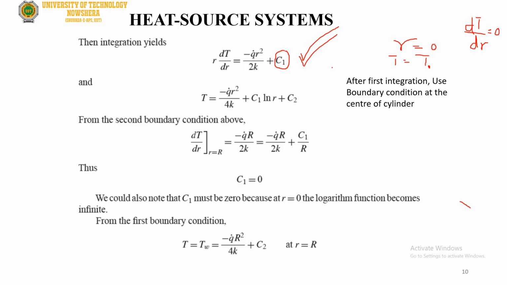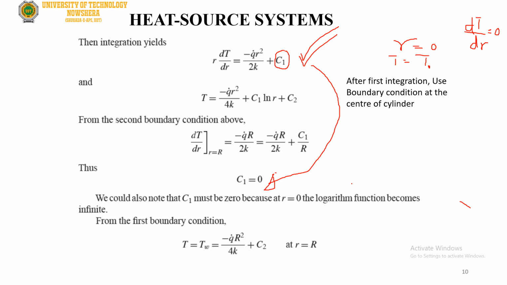So after using this boundary condition, we get C1 is equal to 0. Remember, we have integrated the differential equation one time, and then we have used the boundary condition at r is equal to 0, and we get arbitrary constant C1 is equal to 0.